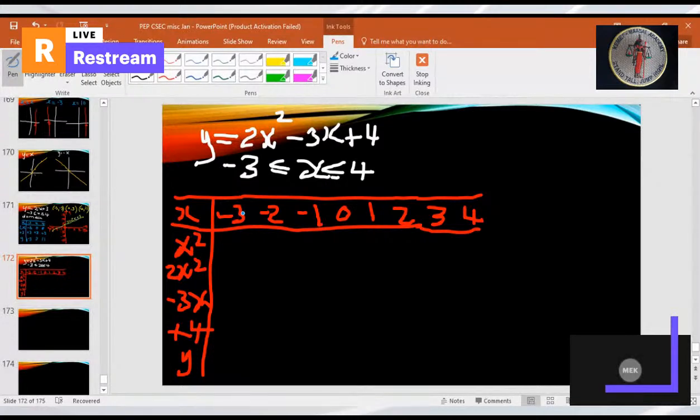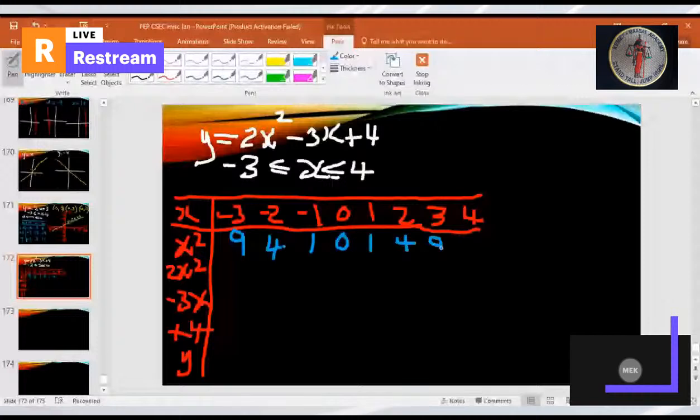So -3 times -3, you'd get a +9. -2 times -2 would give a +4. -1 times -1 would give a +1. 0 squared is 0. 1 squared is 1, 2 squared is 4, 3 squared is 9, 4 squared is 16.